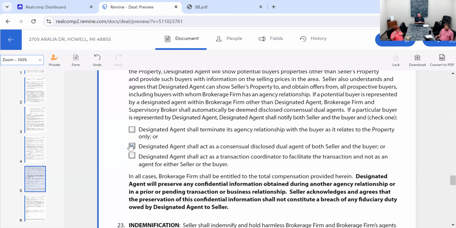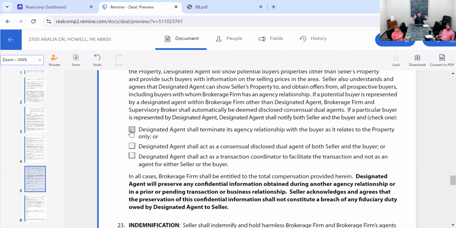Therefore, if I'm decreasing my services, I'm going to be a dual agent at a discount of 1%. So I'll take 5% to be the dual agent rather than 6%. If I'm remaining just the seller's agent and this buyer is some random stranger that I don't know, or if it was somebody that was a client of mine, but they understand that if they are trying to purchase my listing, that I'm solely going to be acting as the seller's agent, and I'm no longer representing them, which would be a very awkward thing.